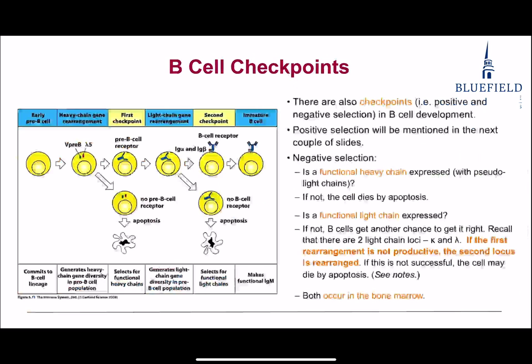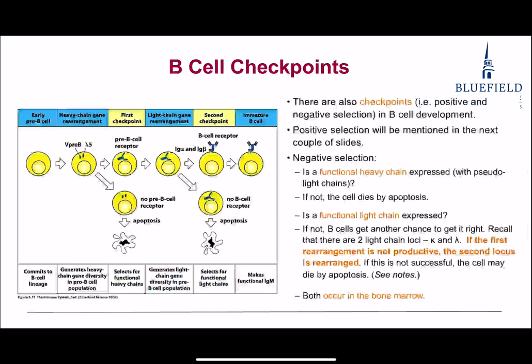Its heavy chain initially is paired with a placeholder, not the light chain. Its first test is just to see if the heavy chain is made correctly. That's the lambda 5, a pseudo light chain, that's the placeholder. So test checkpoint number 1: is my heavy chain correct?